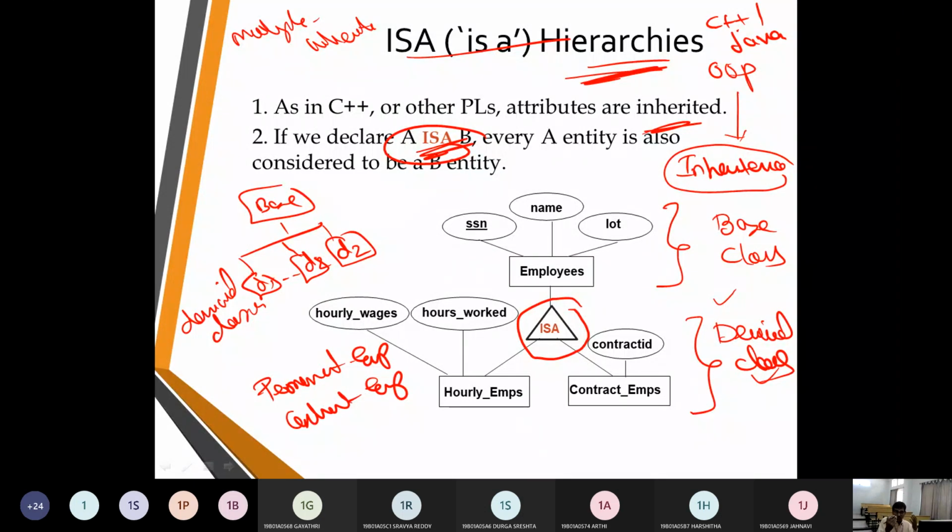Assume the head of the department, professor, assistant professor, associate professors, these people are on rolls in the department, they are recruited for the department, therefore they are going to be called permanent employees.